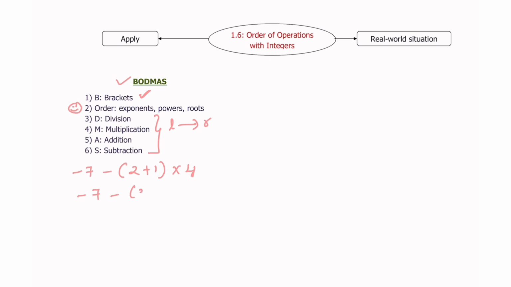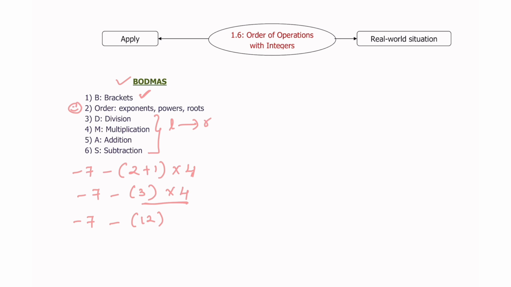I'm going to put my answer here like this, 3, and that's times 4. Then my brackets are solved. Order we don't have. We are not dealing with it in this chapter. Division we don't have. Then comes multiplication. This is multiplication here. So -7 minus 3 times 4, which is 12.